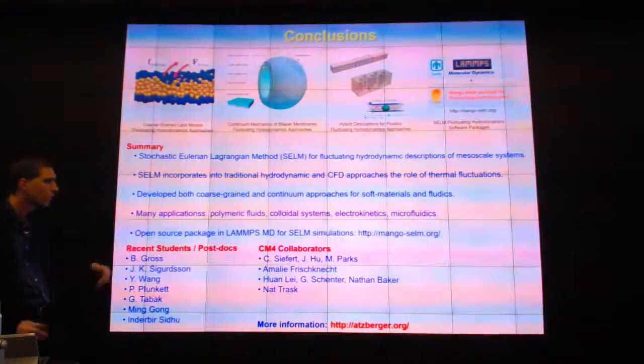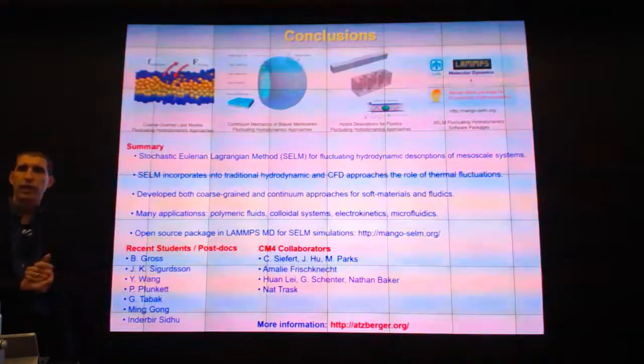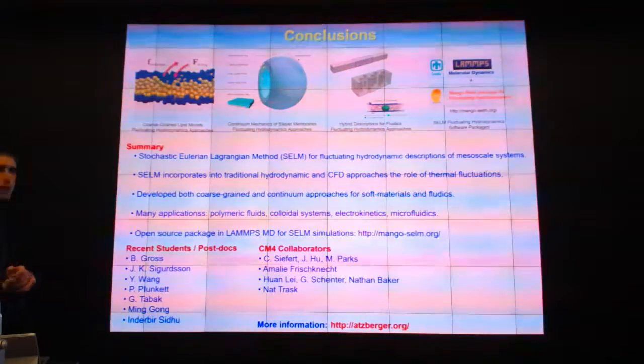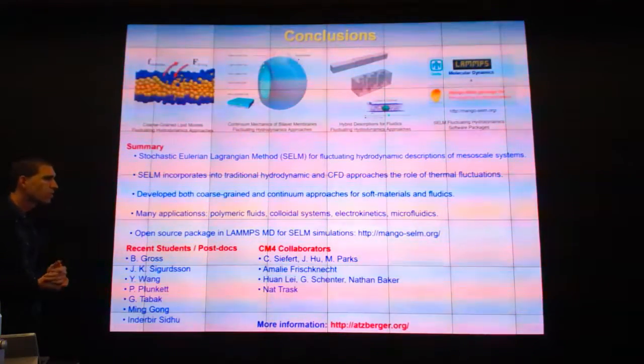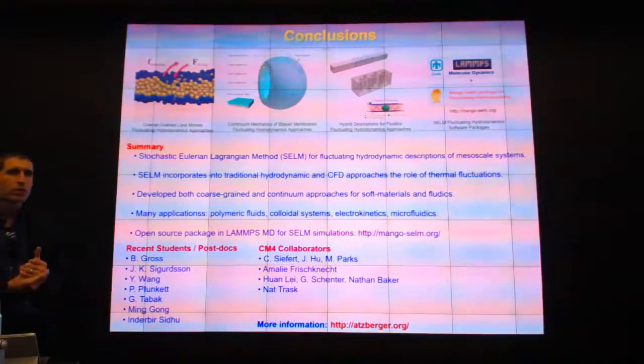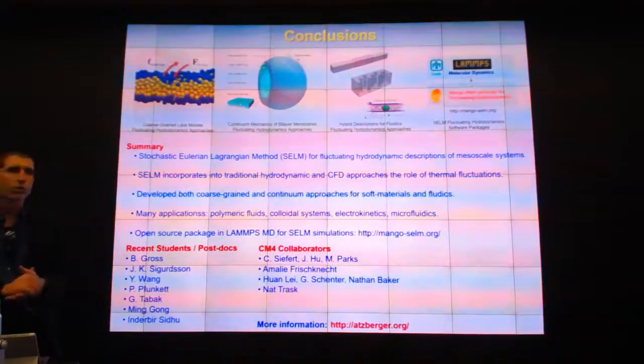And we've also developed this software package that both allows you to run simulations in LAMMPS as well as this graphical user interface that allows you to set up models quite interactively and hopefully is an easy entry point for you or your students to make use of these new tools that we've developed.